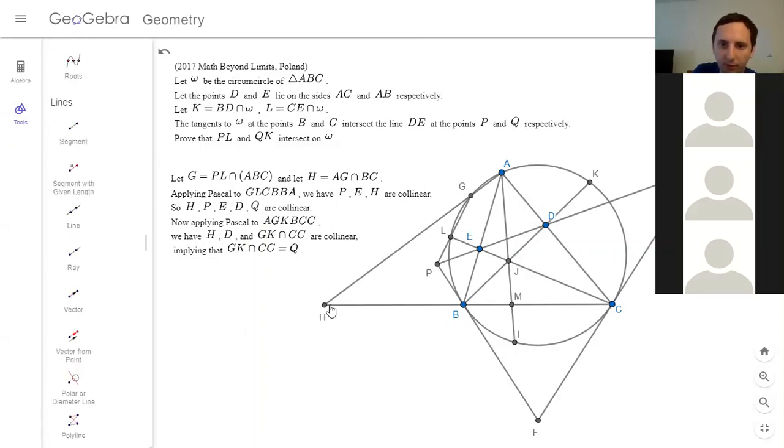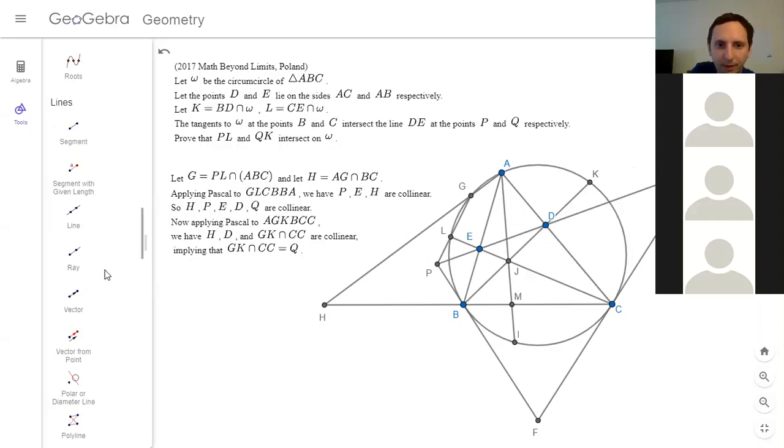So those are all collinear. And then AGK BCC. So that means that GK intersect the tangent, point D, and H are collinear.